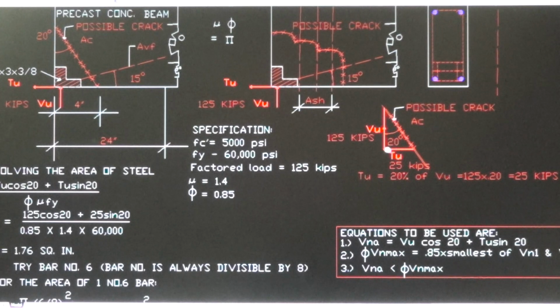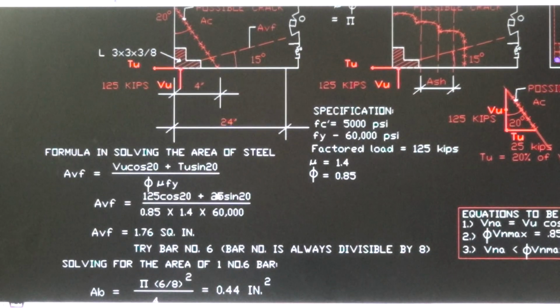And the TU, when you look at this angle here, 20 degrees, the TU is the opposite side. So opposite over hypotenuse for the sine trigonometric function. That's why they have TU times sine 20 degrees. This is the resultant of these two forces here, the VU and the TU.